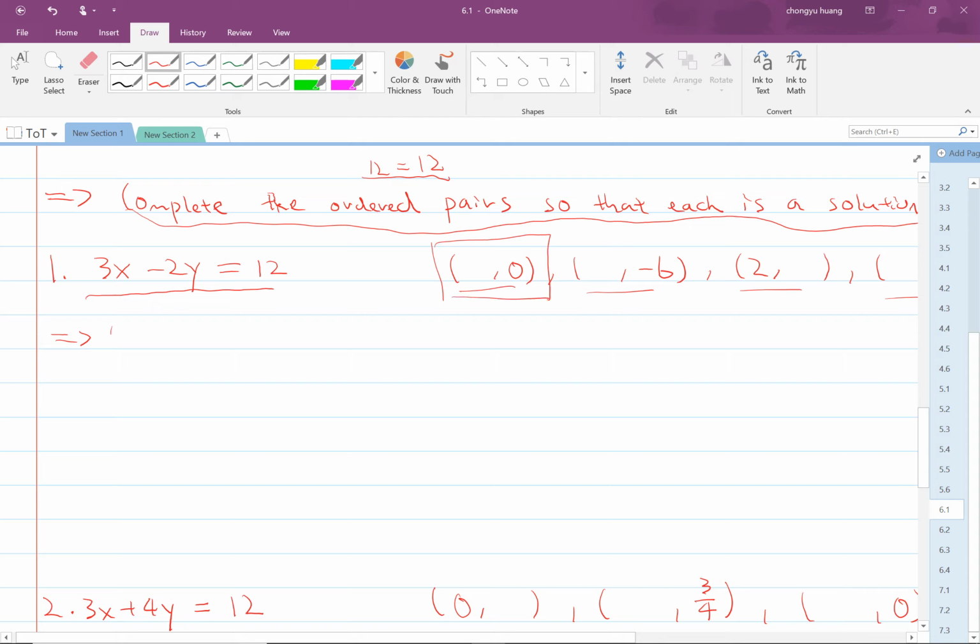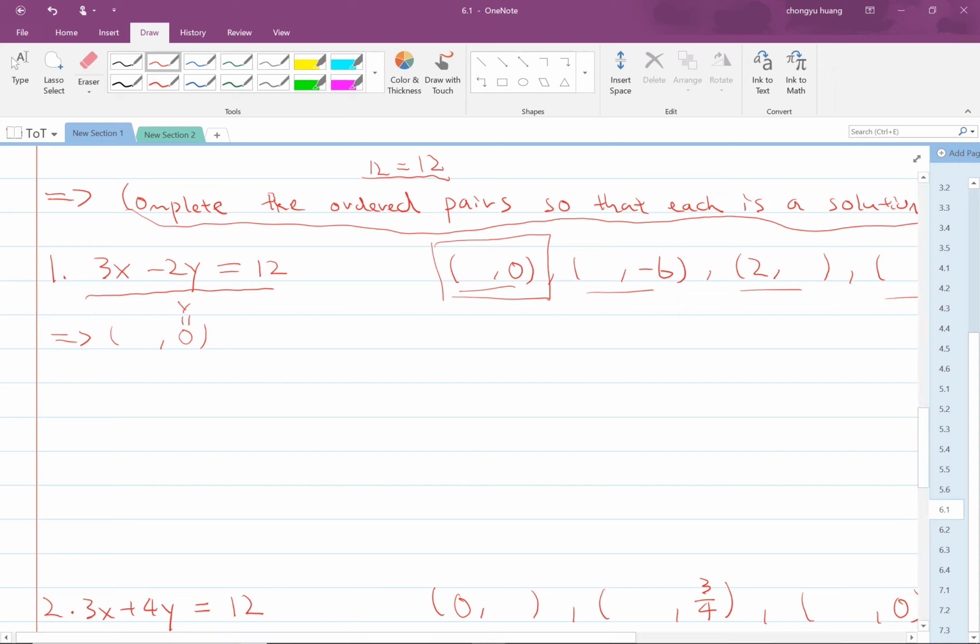For the first point we don't know anything about x, but we know y is equal to 0, right?